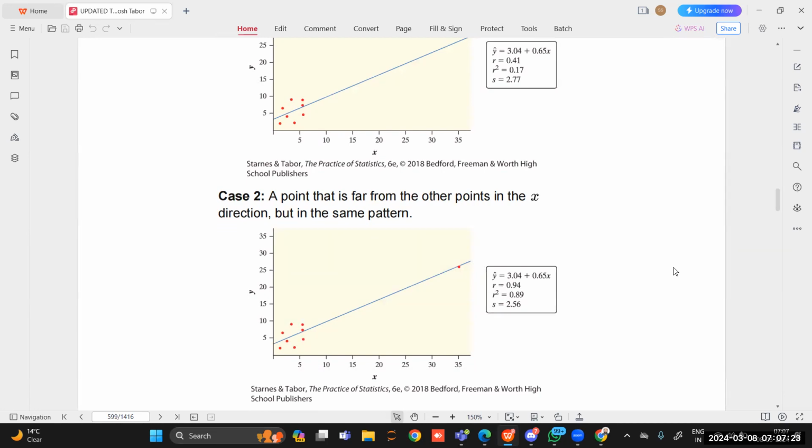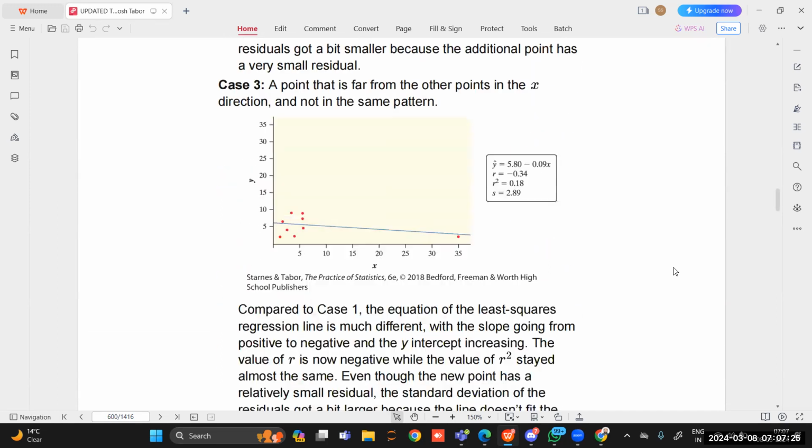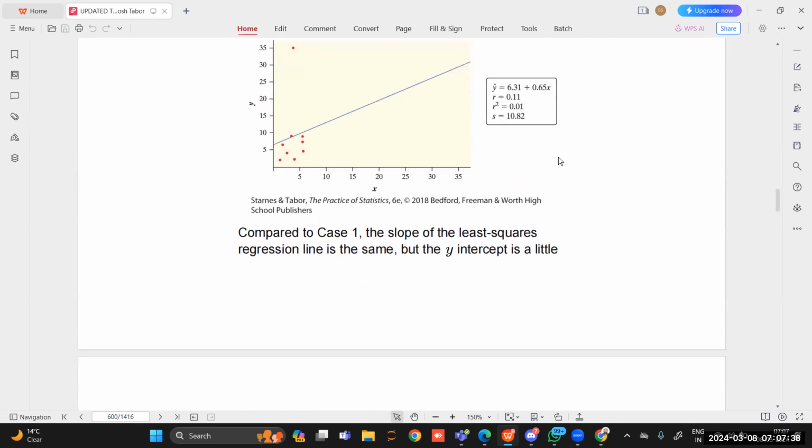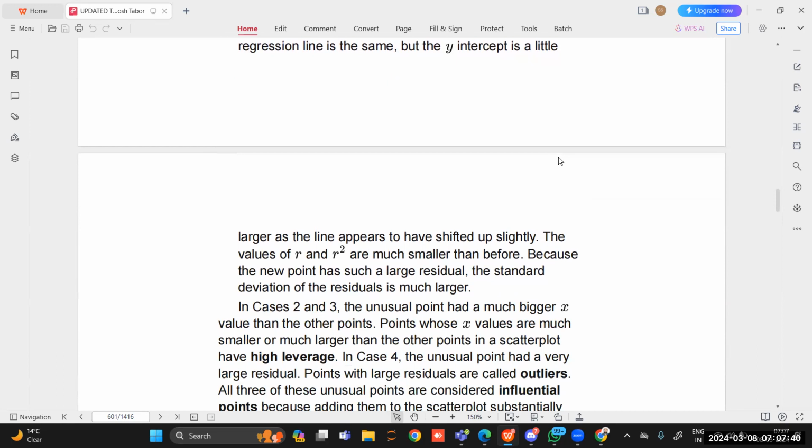Now in case 4, due to the addition of 1 point upside, the y-intercept value has changed, as the line will move upwards. So the y-intercept is a little larger, as the line appears to have shifted up slightly, yes or no?